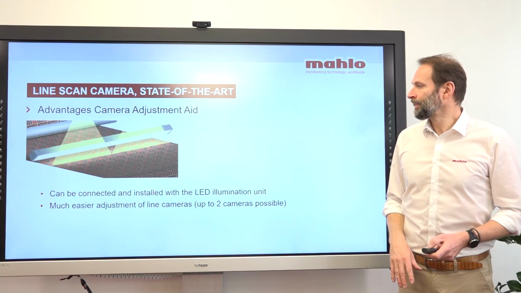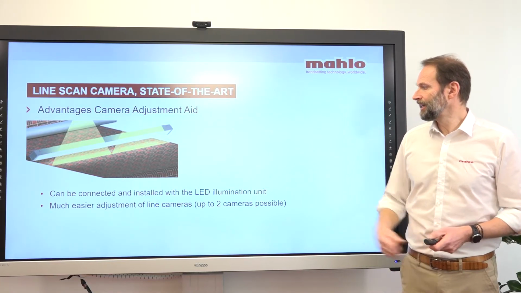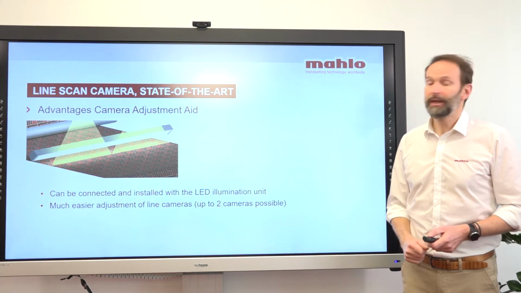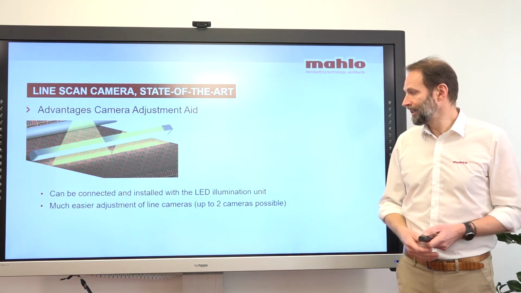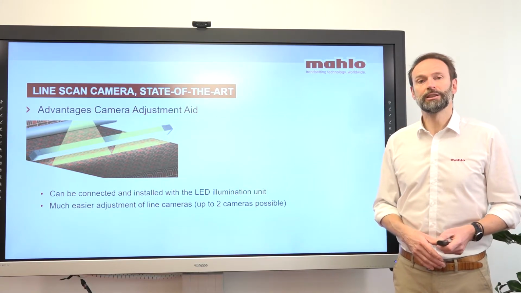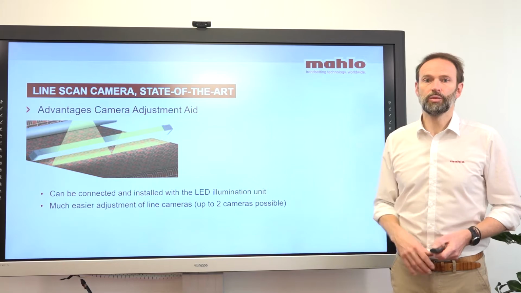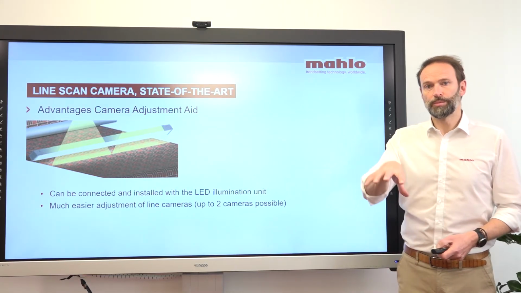So the camera adjustment aid means that it can be adjusted together with LED illumination units, and those LED illumination units are very easy to adjust and very easy to introduce to your production.